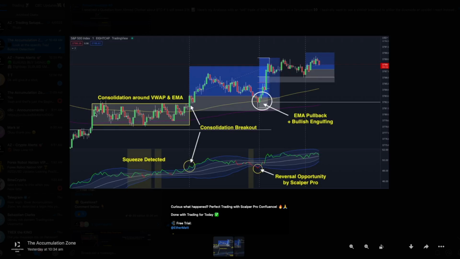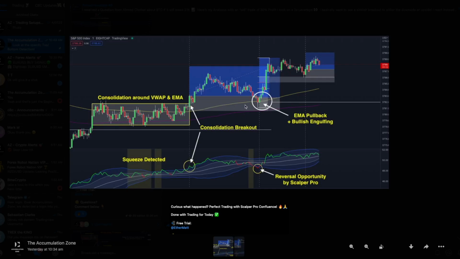So with this candle we broke all this consolidation structure, and I took the trade, placed my stop loss at this little swing low here, and was going for a 2-to-1 risk to reward ratio. And right after that, the Scalper Pro indicator alerted me with another squeeze detection, and we broke out to the downside. But I saw that we are just retesting this consolidation box.